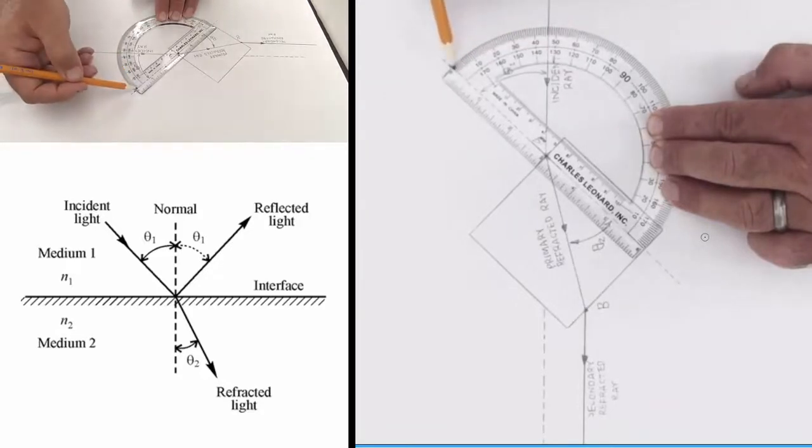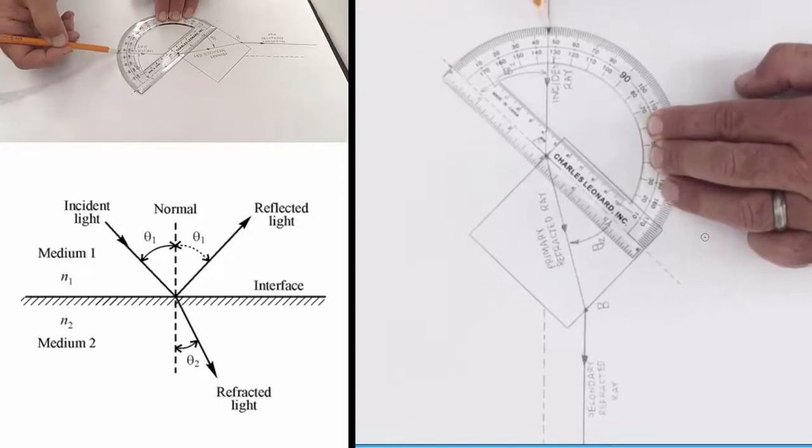So we are measuring this angle all the way to our incident light ray. There are 2 scales on the protractor, one that starts at 180, which you don't want to use. You want to use the scale that starts with 0, so 0, 10, 20, 30, 40, and then 41, 2, 3, 4, 5, 6. So we are talking about an angle of about 46 degrees. Our theta 1, our incident angle, is going to be equal to 46 degrees.